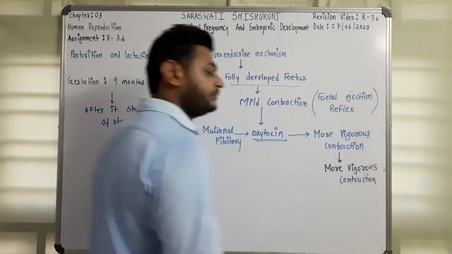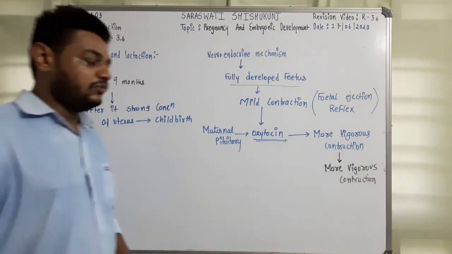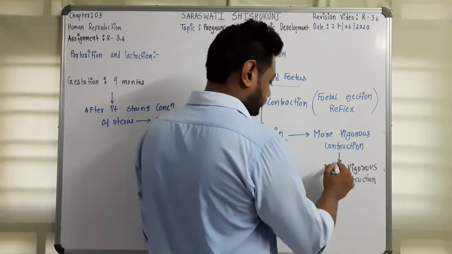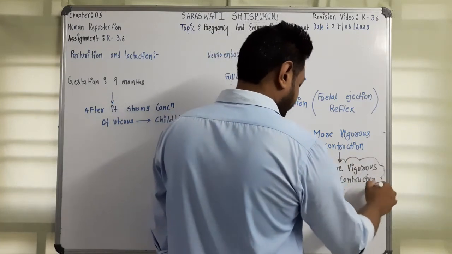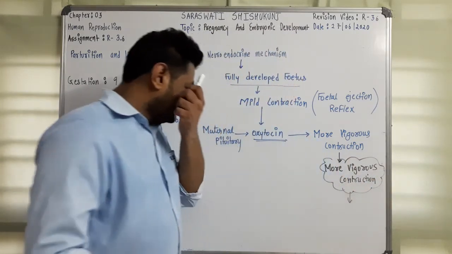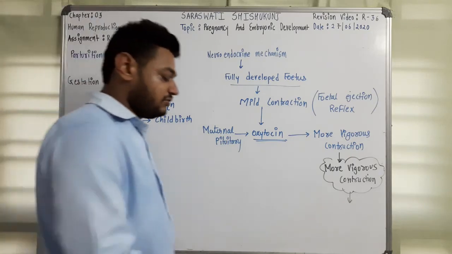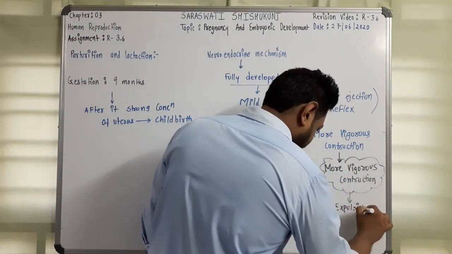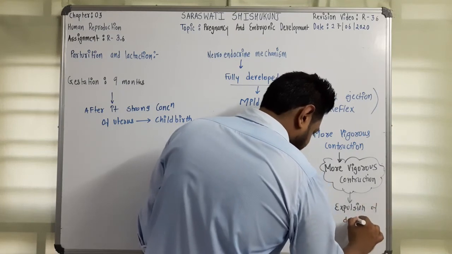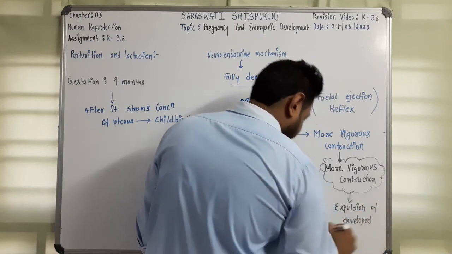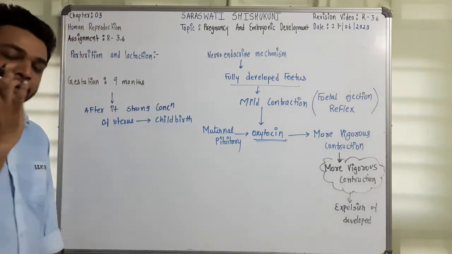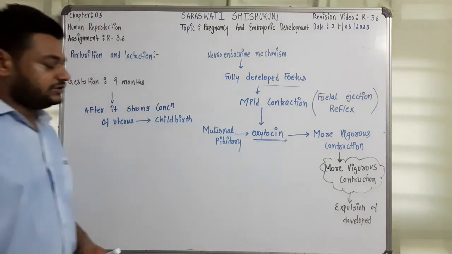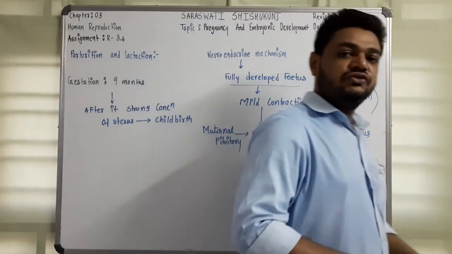Ultimately, more and more vigorous contraction will result in the expulsion of the developed fetus, which is referred to as childbirth. So this is due to the neuroendocrine mechanism.